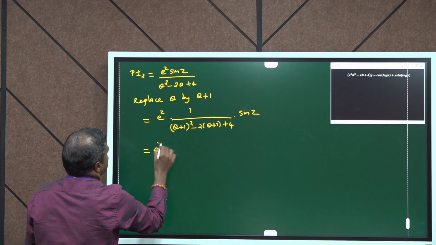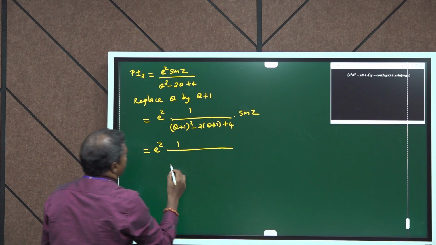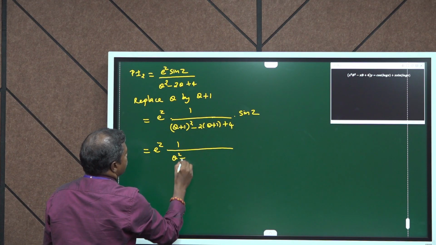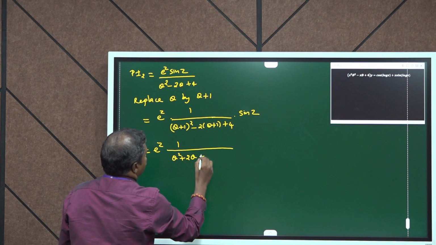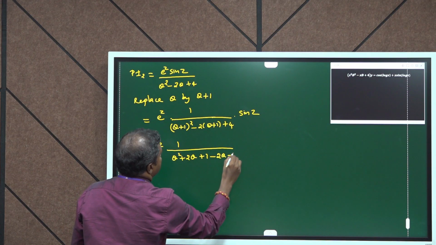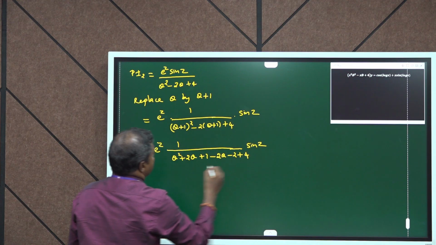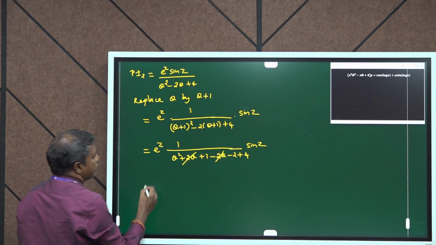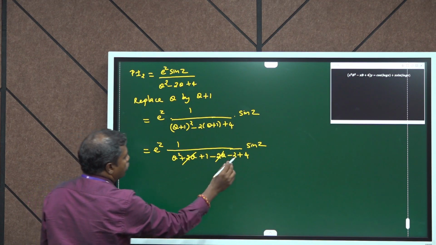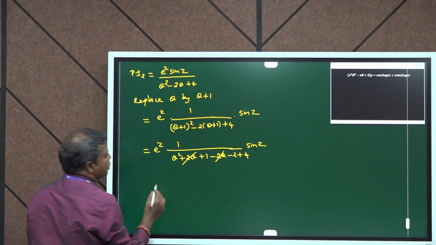So e power z, and theta plus 1 the whole square is theta square plus 2 theta plus 1, then minus 2 theta minus 2 plus 4, into sin z. So 2 theta and minus 2 theta get cancelled, and 1 minus 2 plus 4 is 3.